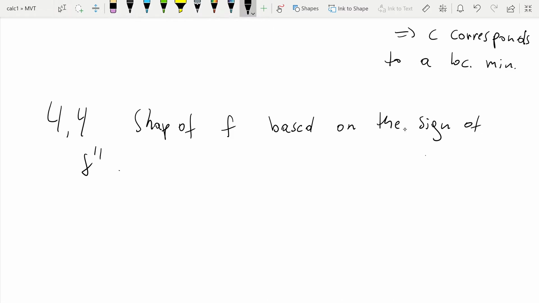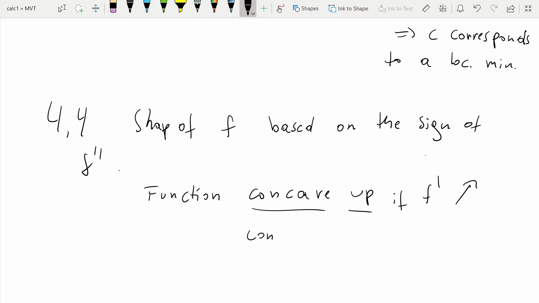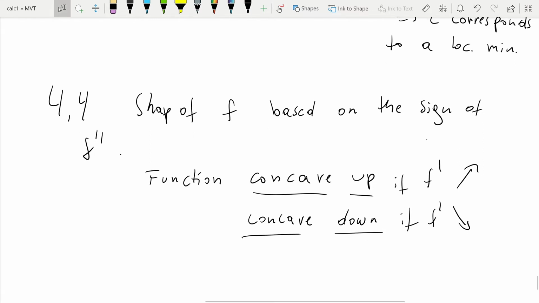Remember, a function is concave up if f prime is increasing, and it's concave down if f prime is decreasing.